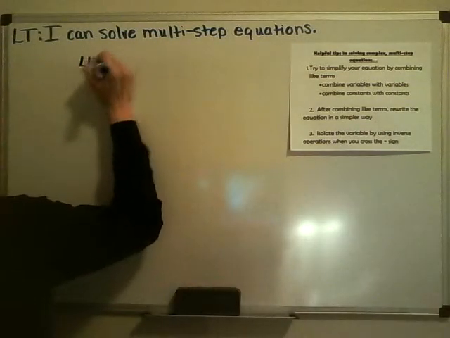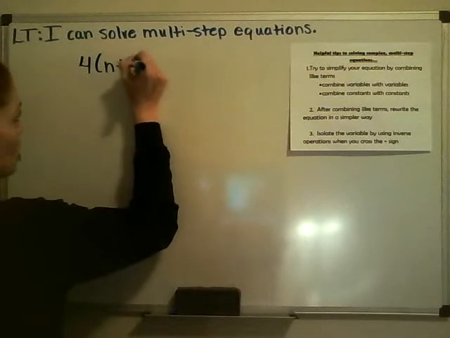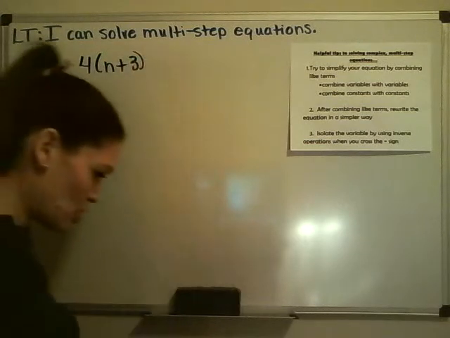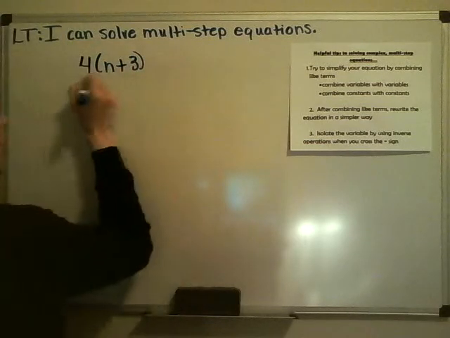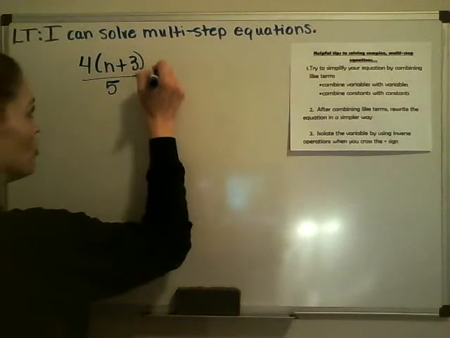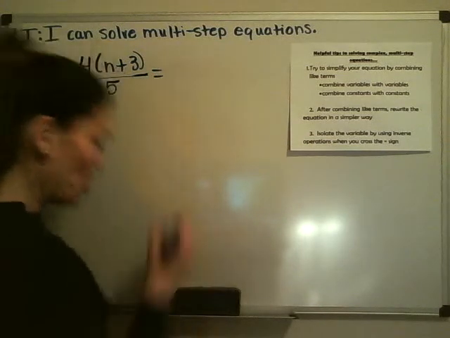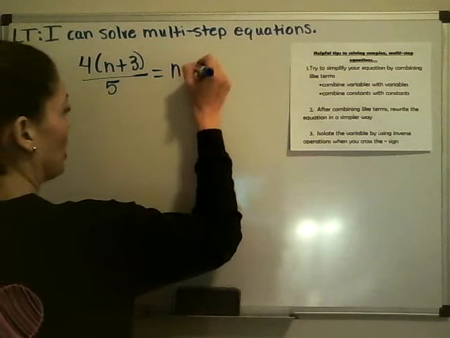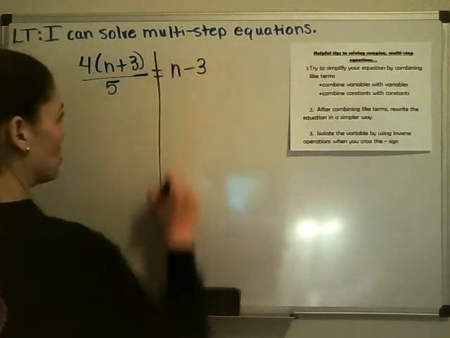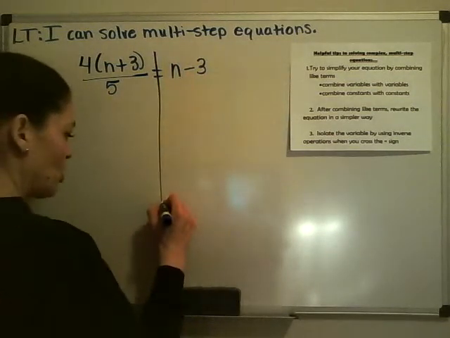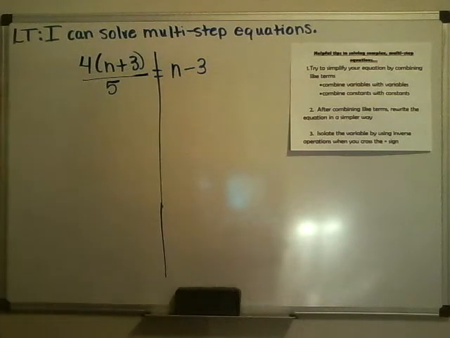So 4 distributed to n plus 3, close parentheses. All of that divided by 5 equals n minus 3. Put your line. Probably need to go all the way down.